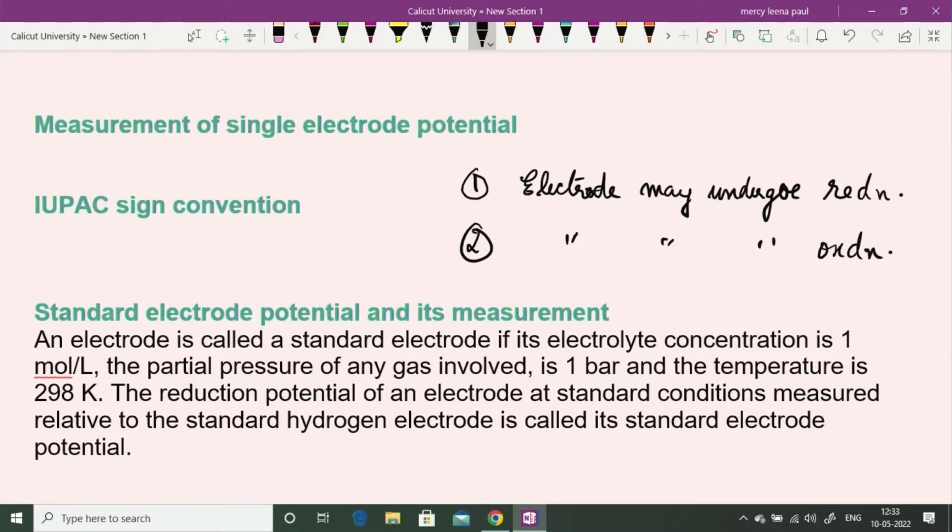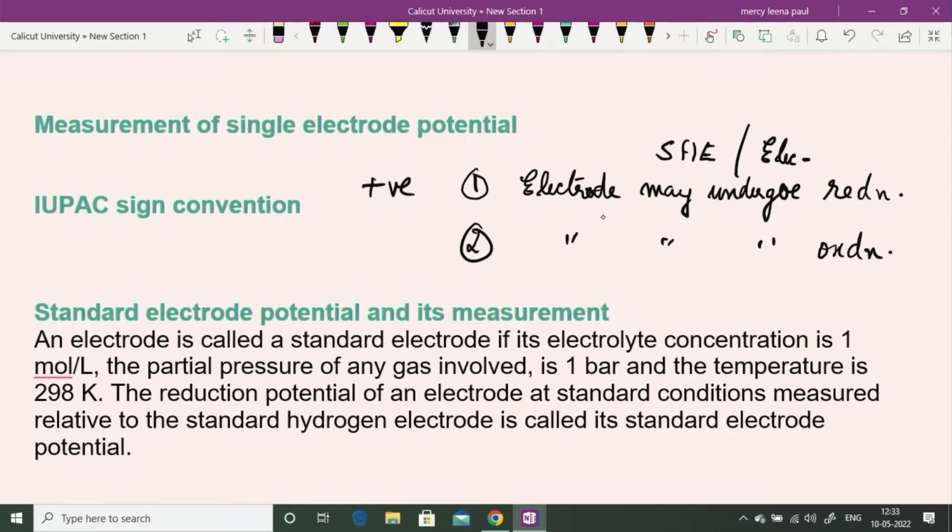Now, if the electrode connected with the standard hydrogen electrode undergoes reduction, I will have to put SHE on the left hand side, because SHE will be the anode which undergoes oxidation, and our electrode which undergoes reduction is kept on the right hand side, because that is having reduction. If it is so, the electrode potential is given a positive sign.